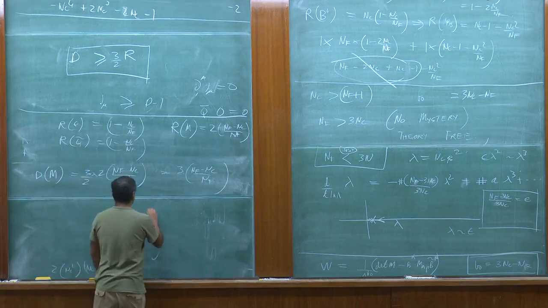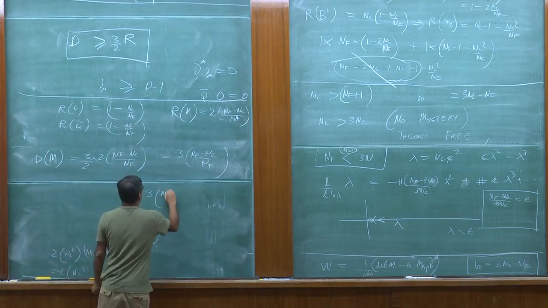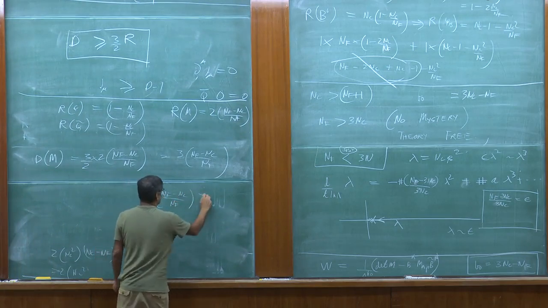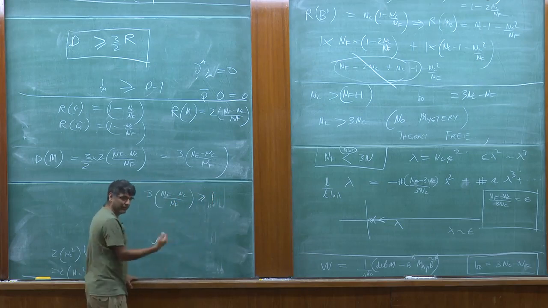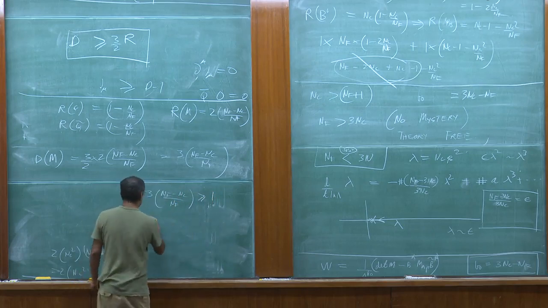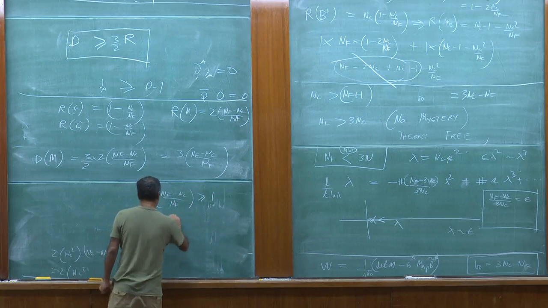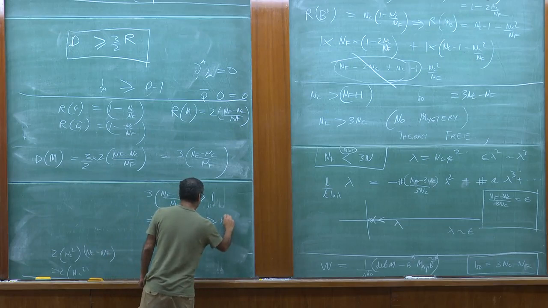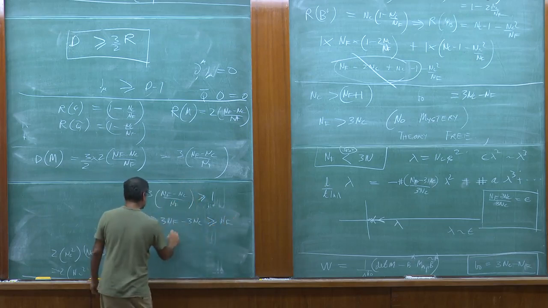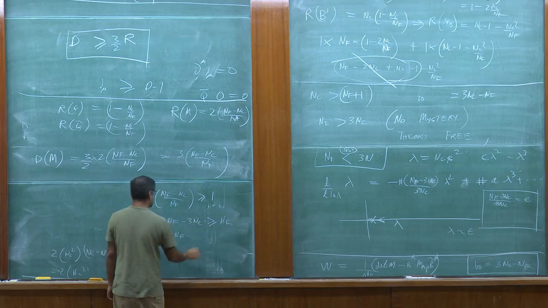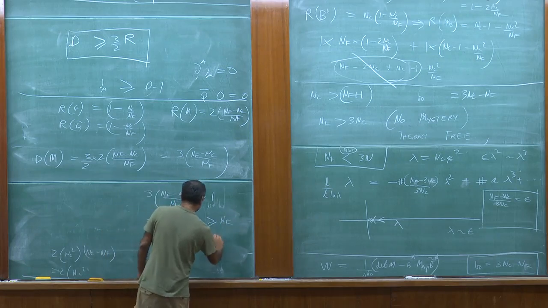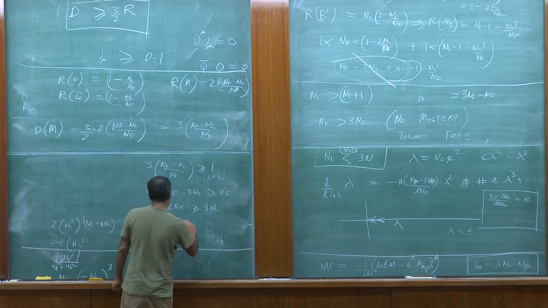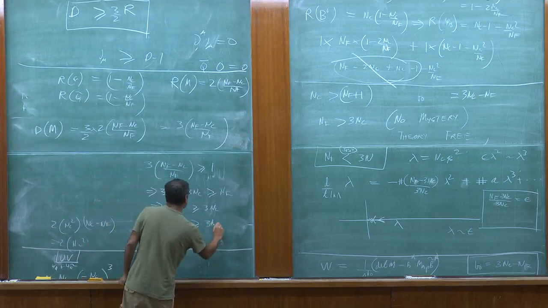Okay. So 3 NF minus 3 NC divided by NF is greater than or equal to 1. This implies 3 NF minus 3 NC is greater than or equal to NF, which implies that 2 NF is greater than or equal to 3 NC, which implies that NF is greater than or equal to 3 NC divided by 2.